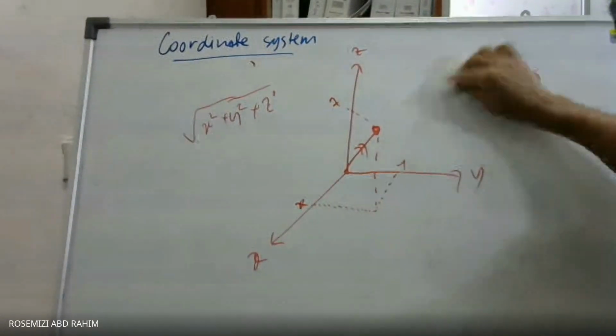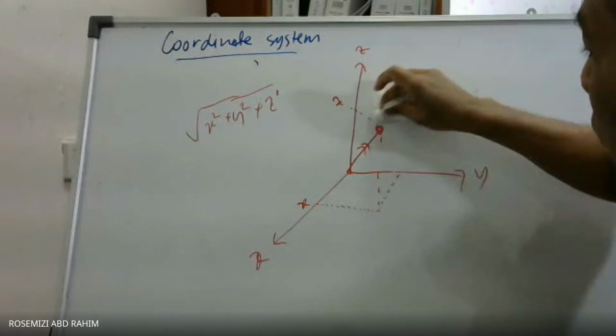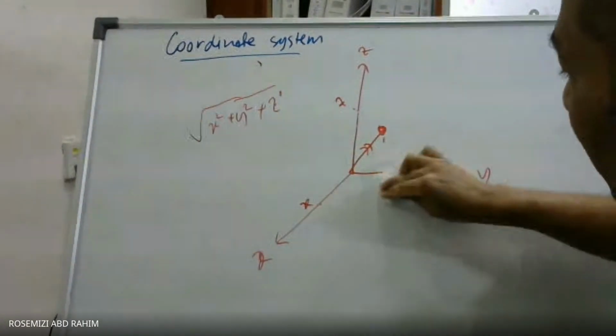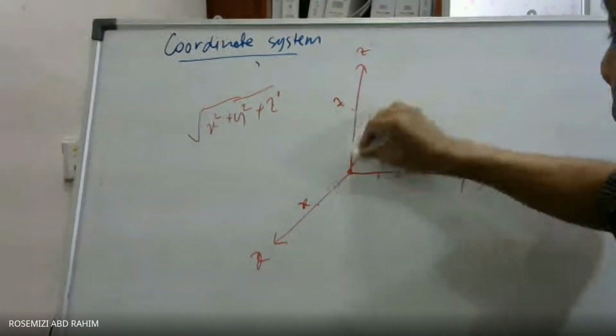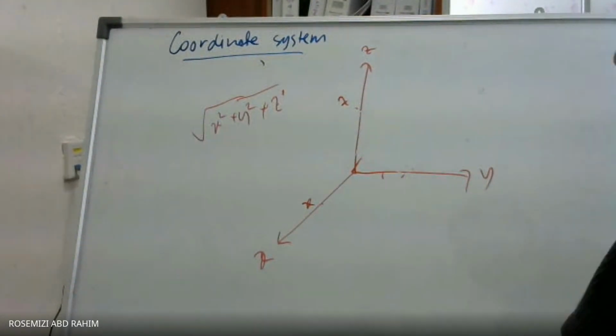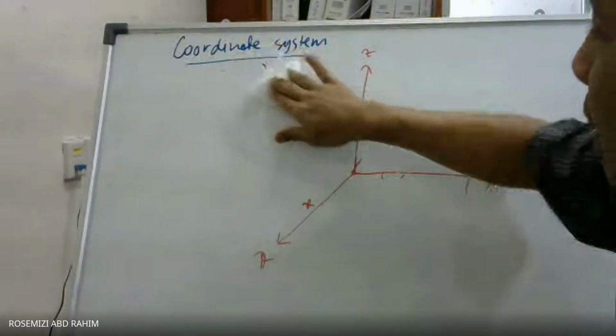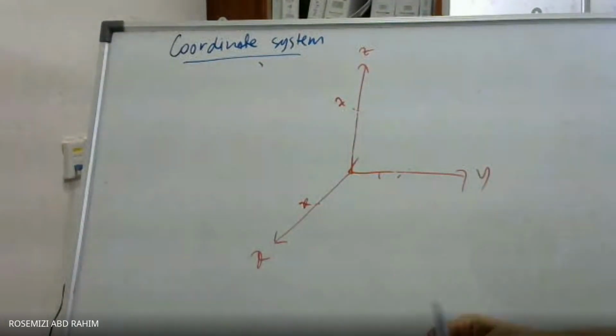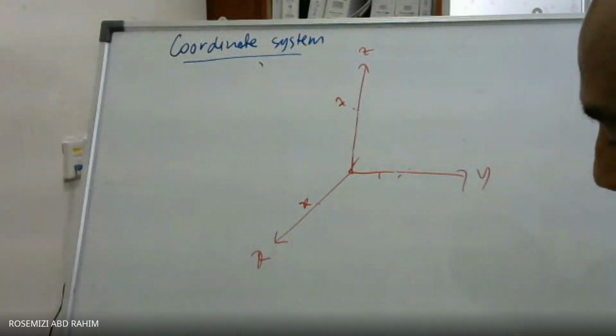Okay. For this point P we can also use one more technique in 3D. We call cylindrical coordinate system, as I explained last week.